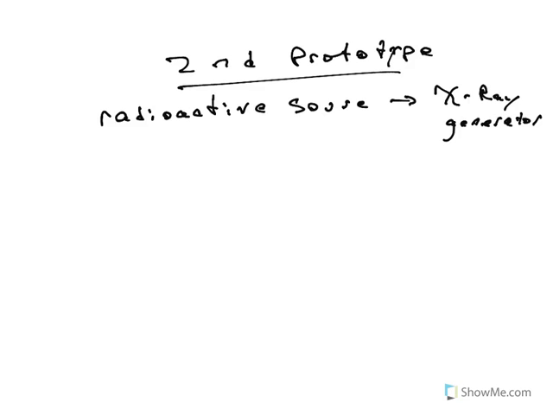So that allowed you to take faster pictures. More X-rays bombarding the material means you can get through the picture a lot faster. You don't have to wait so long to produce enough X-rays to see a picture, to see an image.